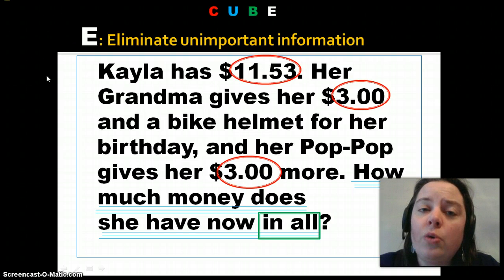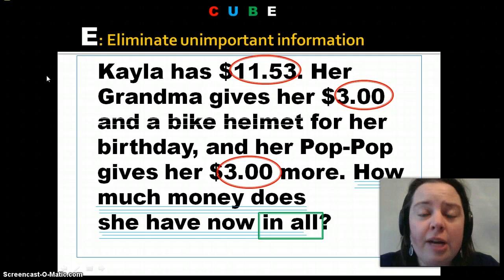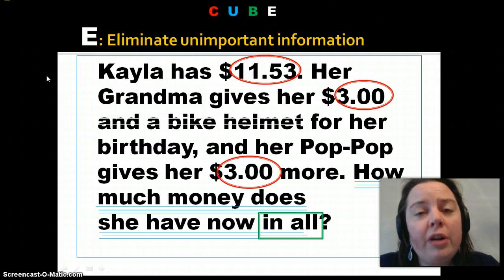That is the underlined question. What information in this word problem don't we need to find that out? Good, I'm seeing some good answers. Good, a bike helmet. It doesn't matter for this problem that she got a bike helmet. It's nice that she got a bike helmet for her birthday, but we're interested in how much money she has. So we can cross off the bike helmet.